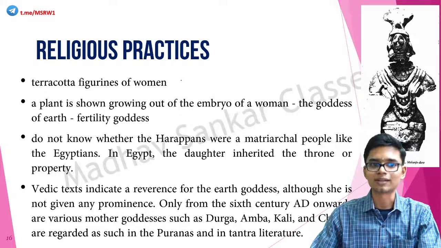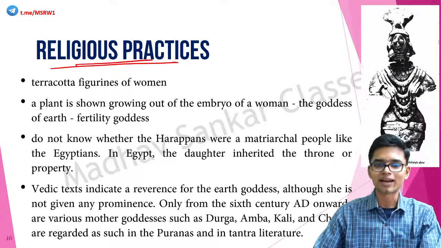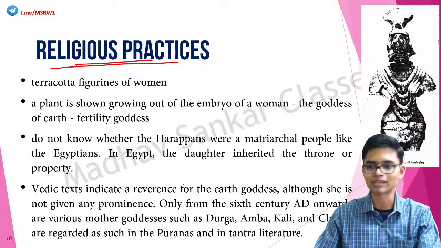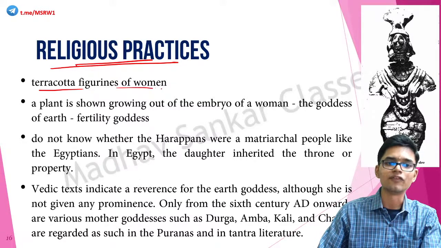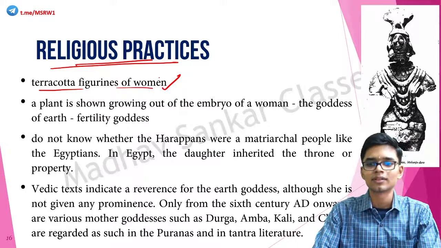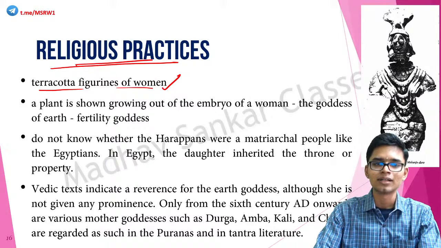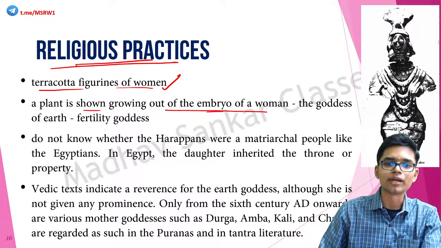Now, religious practices. Already we have established the fact that Harappans do not have a religious structure other than the Great Bath. There is absolutely no evidence of a temple. But we have come across some terracotta figurines of women. Some terracotta structures of women have been excavated. Then a plant is shown growing out of the embryo of a woman.